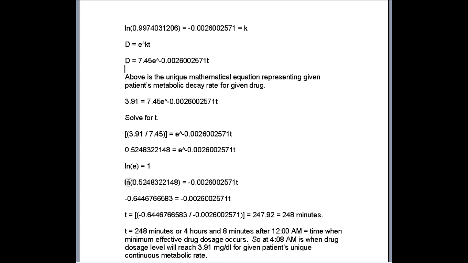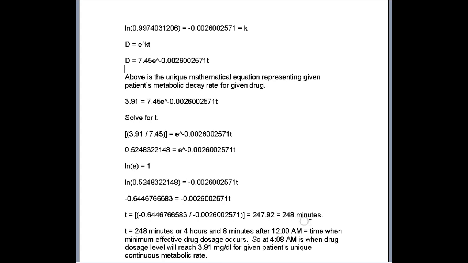So you take the natural log of this ratio, you get this value to equal this expression. Solve for t, just divide both sides by this value here. So you're left with this value divided into this value to equal t.